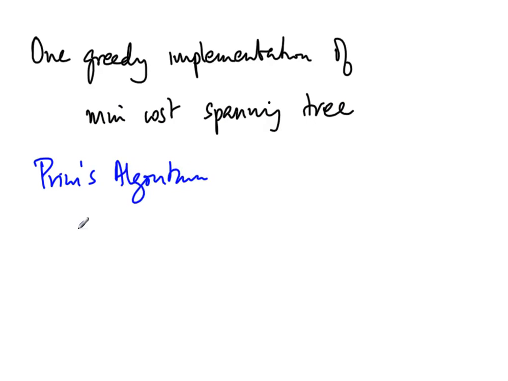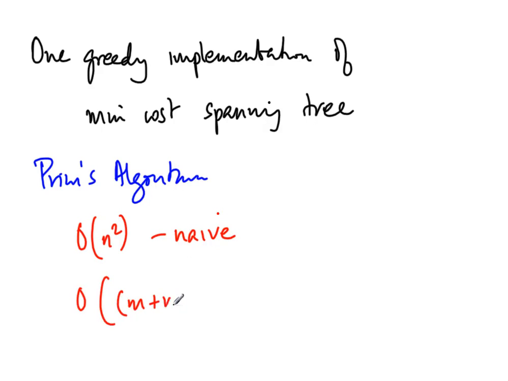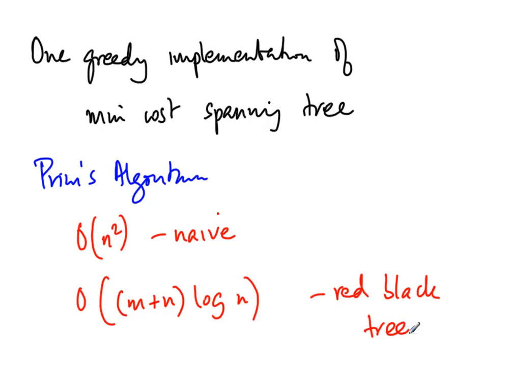The naive implementation takes O(n squared), and we can improve this to (m plus n) log n if we use red-black trees in order to keep track of this near information which is used in order to extend the tree.